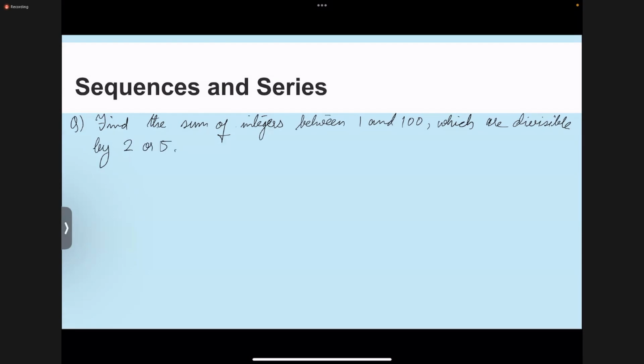Okay, so in this, you have to find all the numbers that are divisible by either 2 or 5.